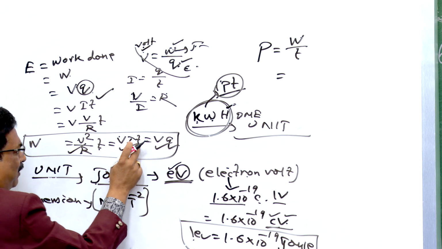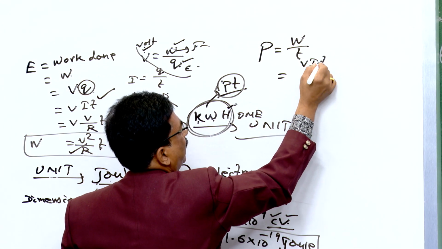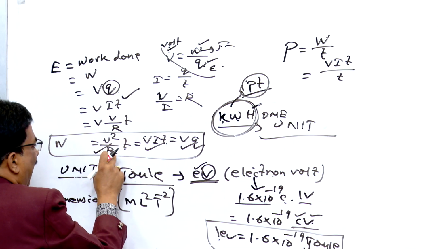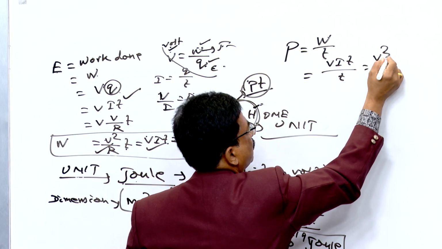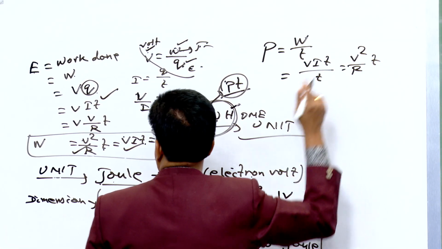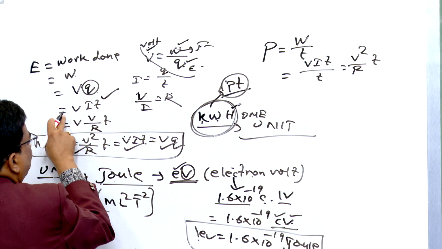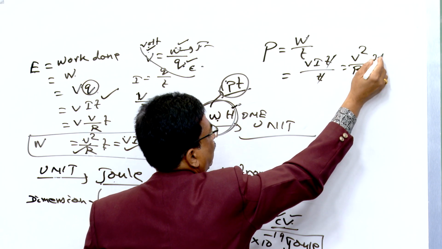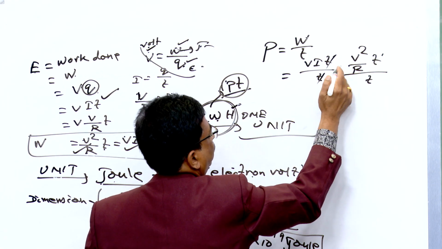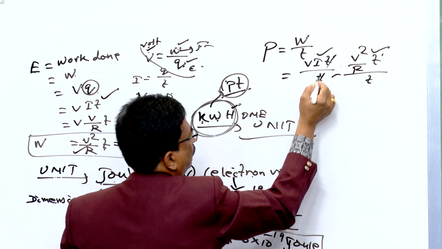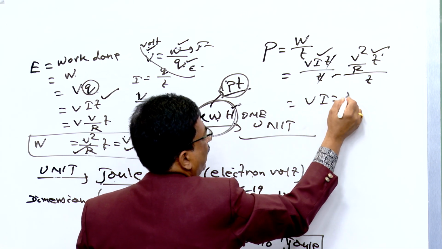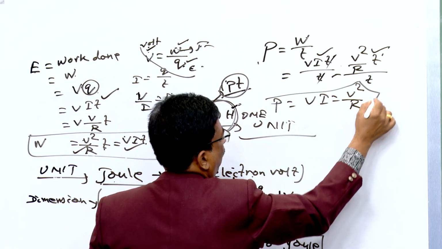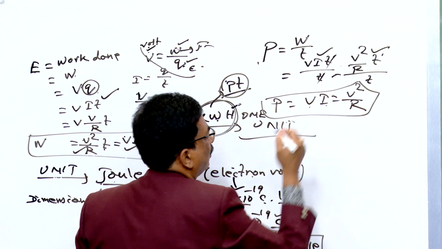W is equal to VIT, so P is equal to VIT by T, or W is equal to V squared by R into T, so P is V squared by R into T by T. The T cancels. So P is equal to VI or V squared by R.